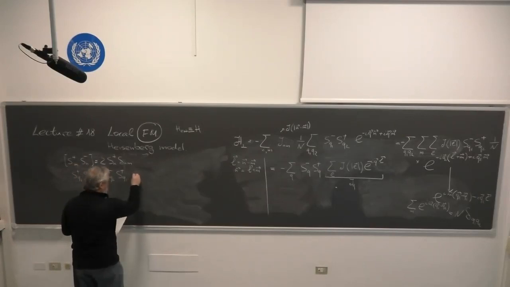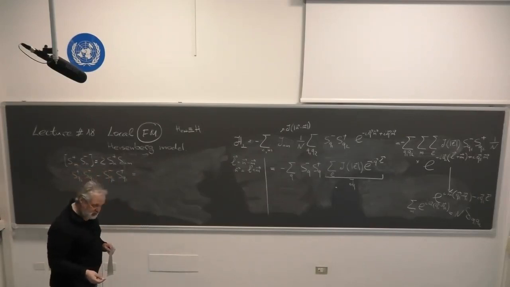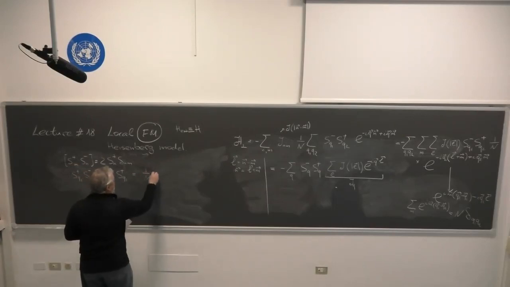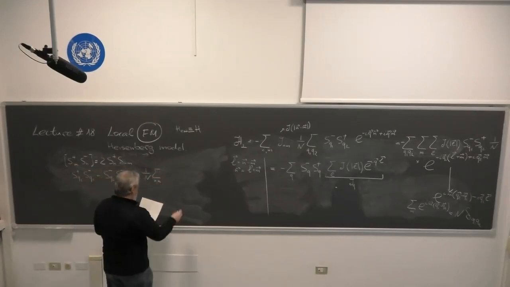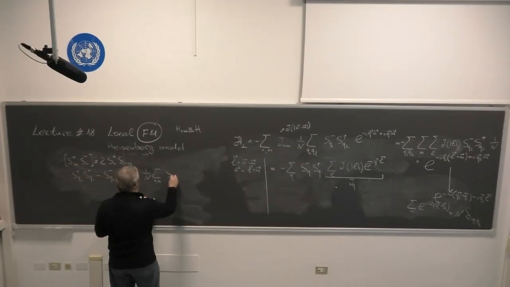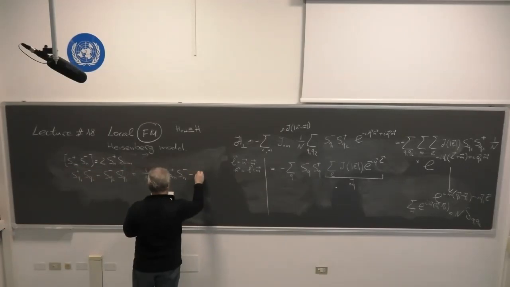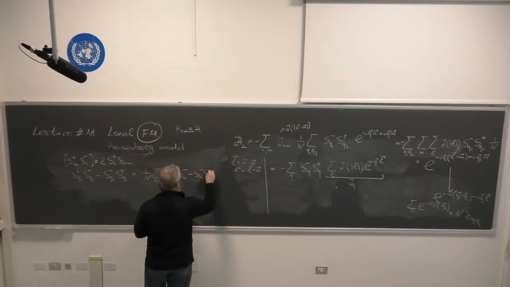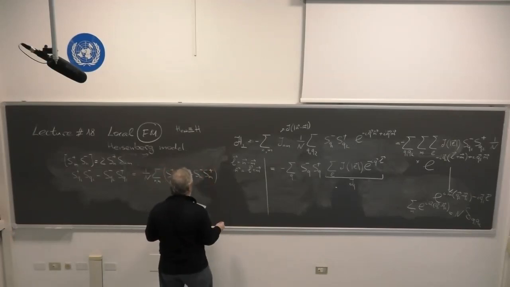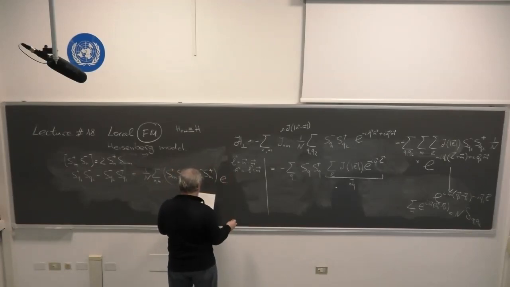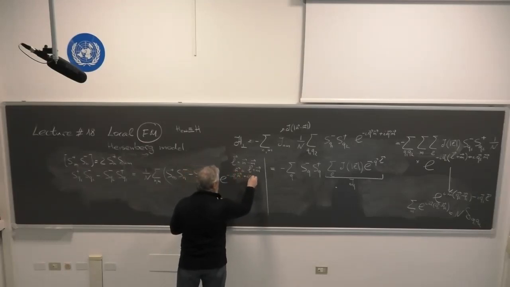And this is equal, because I want to write the same commutation relations in momentum space, to 1 over N, sum over n, m, of S_n plus S_m minus minus S_m minus S_n plus, times exponent to the power minus i q1 n plus i q2 n.